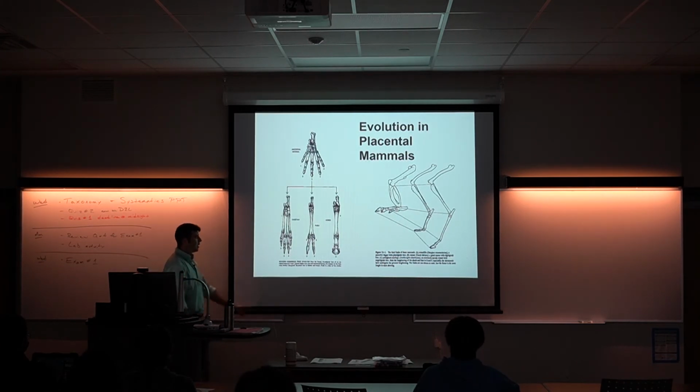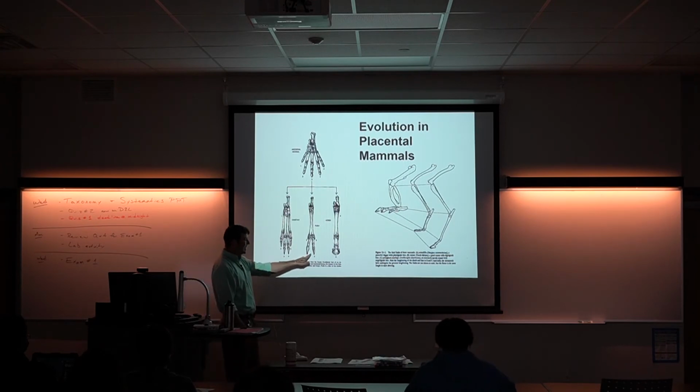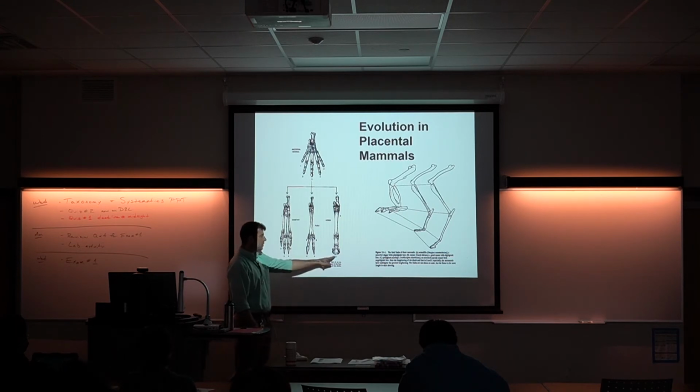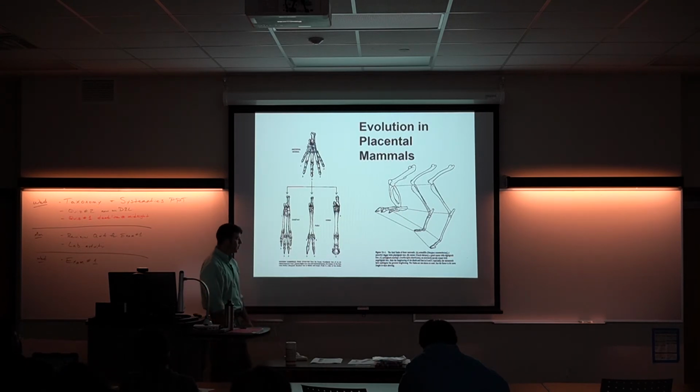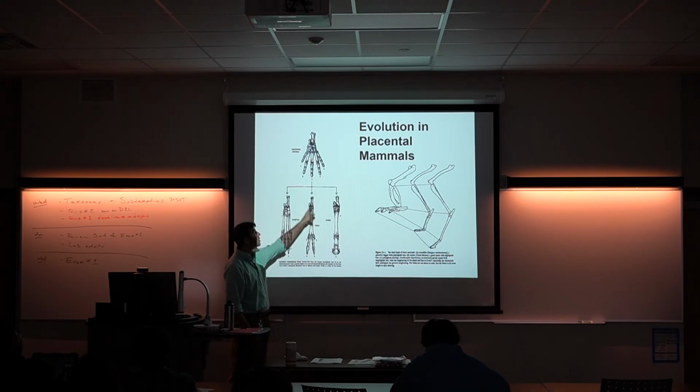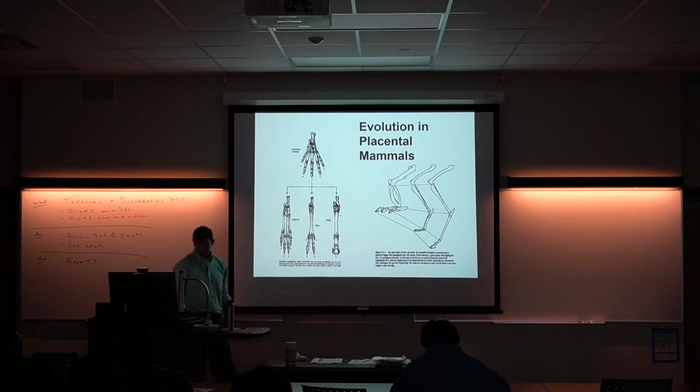You can see a further reduction of 2 main digits and 2 highly reduced digits in the back. This is what you would find on pigs and cows and deer. And then you can see the single digit, the most reduced form, is what you would find on horses. They're walking around on just a single digit. Anyway, this no longer resembles the primitive ancestral form. This is a highly derived form.